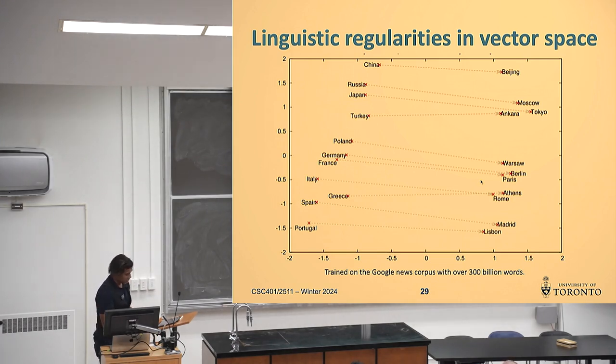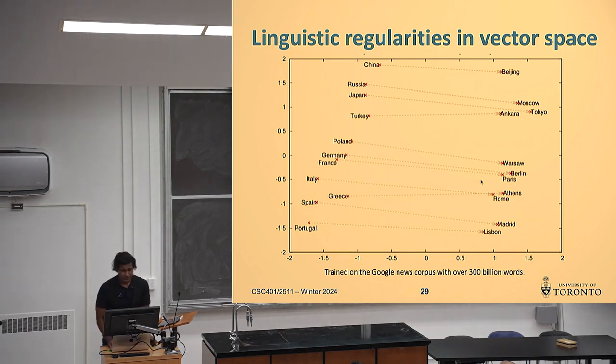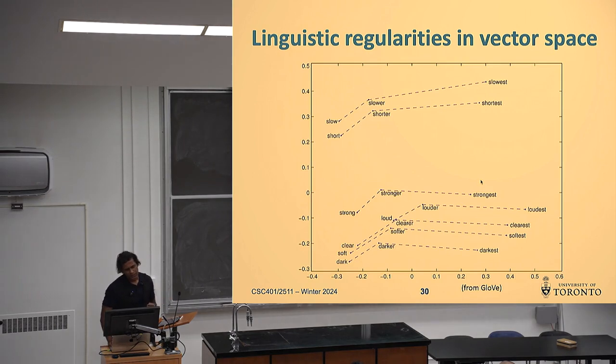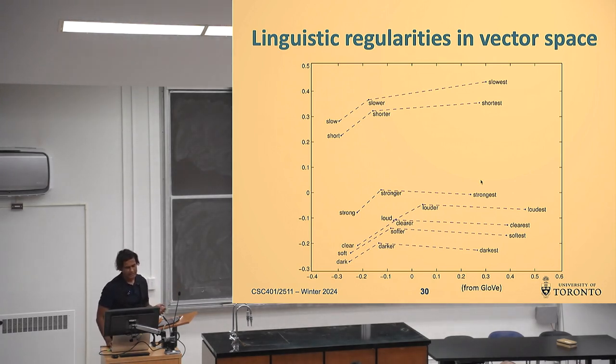So just quickly go through this example: you can see these regularities between the capital cities, and you see this between verbs, adverbs, and qualifiers like strong, stronger, strongest, and things like that.